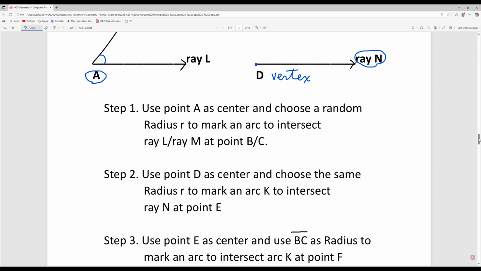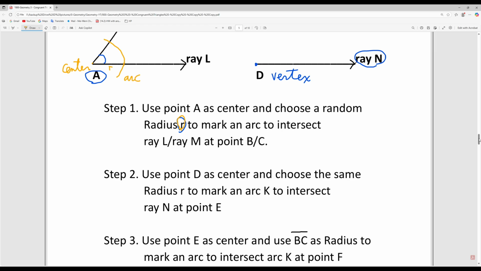Use point A as a center and choose a random radius R. So I randomly choose a radius R here. Use this one as a center and open my compass. With radius R, I can draw an arc.